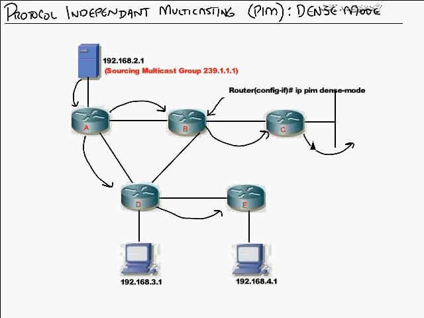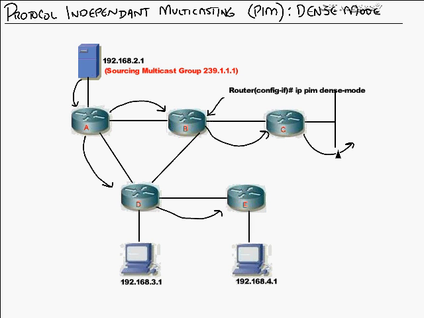So you can see right off the bat, yikes, that is not something we would use on a network the size of the internet or even large enough for most organizations, because having that stream go across is a pretty brutal hit to your traffic, especially if it's a pretty decent sized stream. What will happen is all of the routers will get the stream, and then they will begin to slowly prune back.